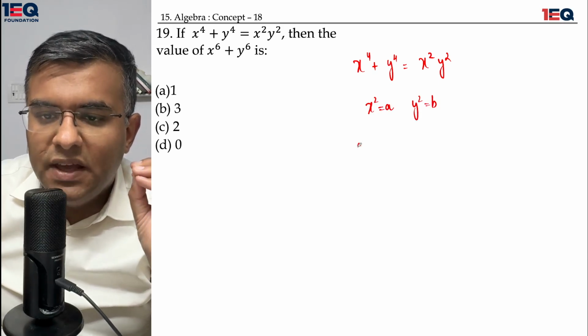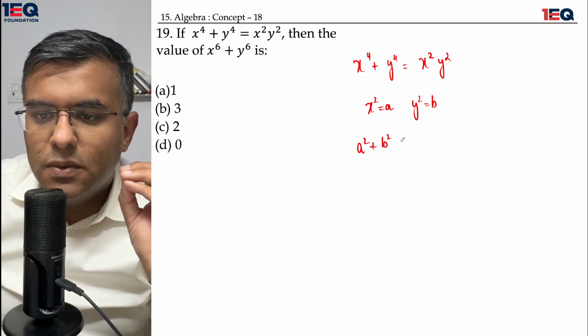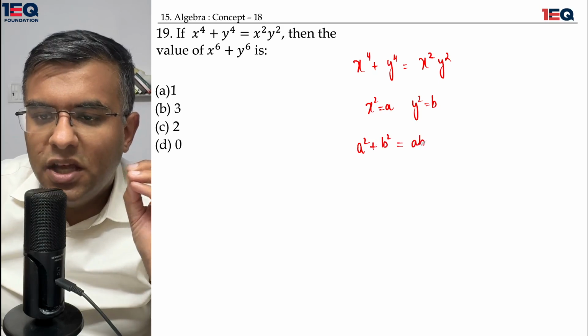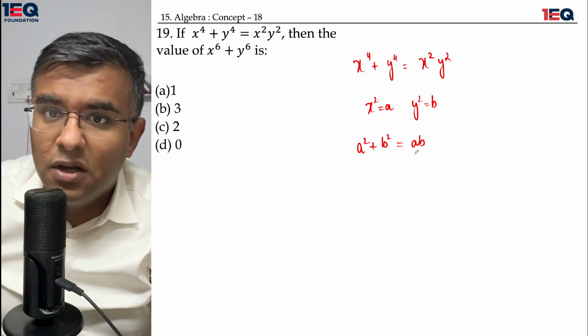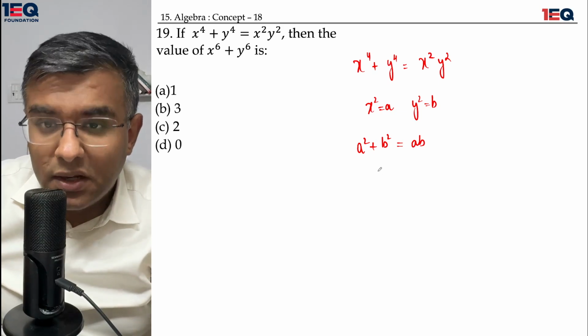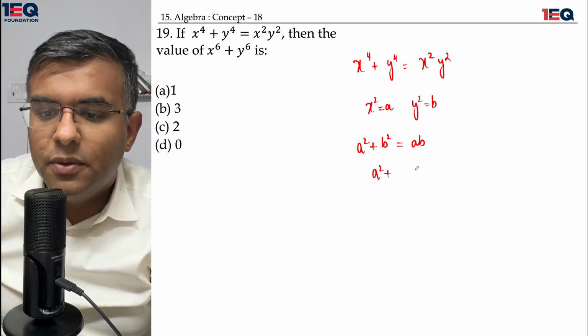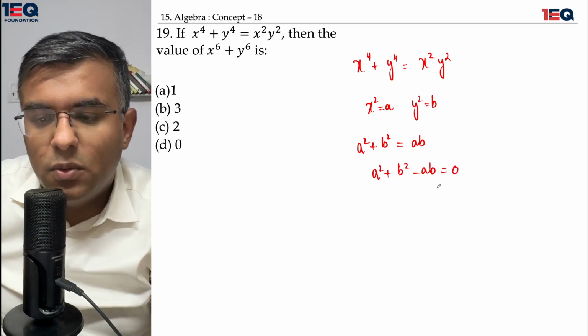Now, if I say that a square plus b square is equal to ab, does it ring a bell in the bigger formula of a cube minus b cube or a cube plus b cube? Let me help you understand: a square plus b square minus ab is equal to 0.